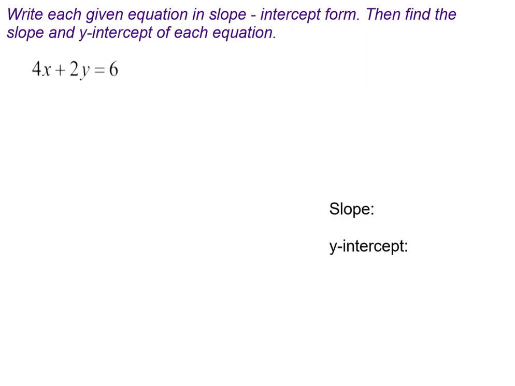So to do this, the first thing we're going to do is get y by itself. So my first step would be to subtract 4x on both sides. And a reminder, we want it to look like y equals mx plus b when we're done.